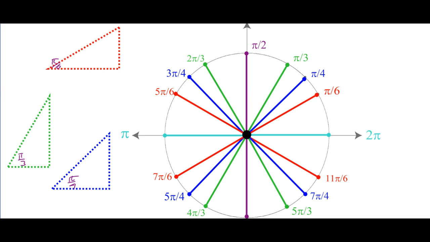So if I take this and move it into place here, what's this measurement here? That's equal to 1. So in all of these special angles, the hypotenuse is equal to 1 because the hypotenuse is the radius of this unit circle.